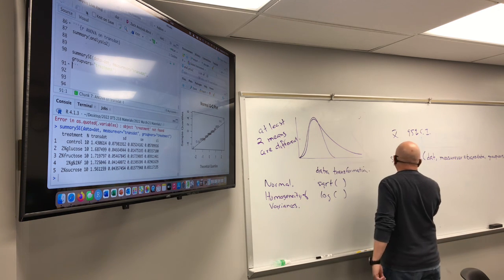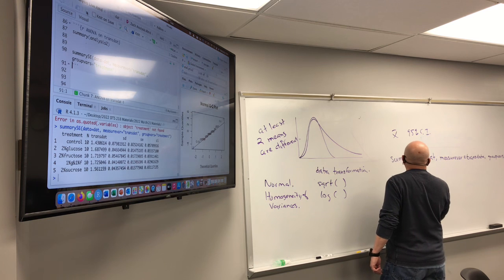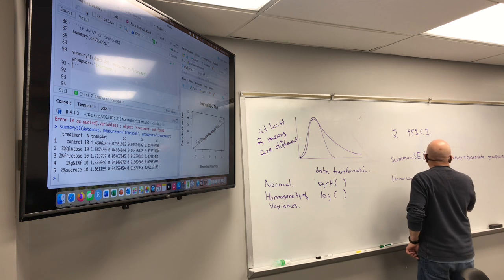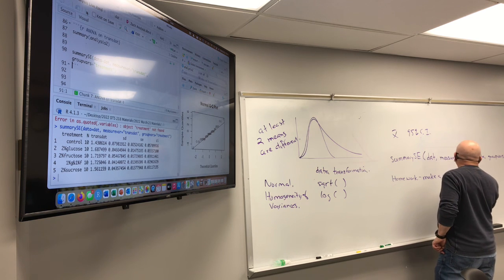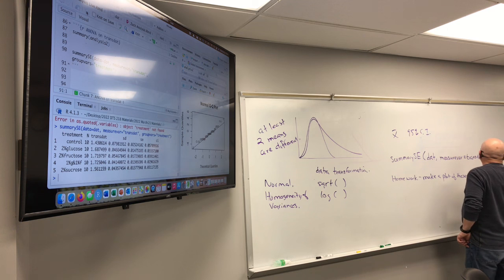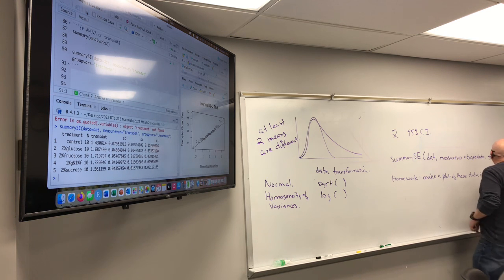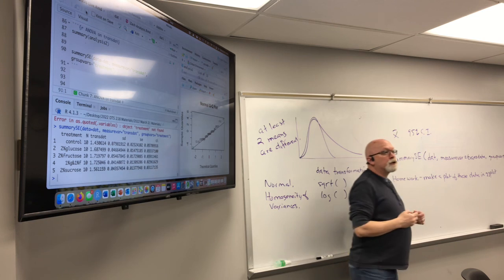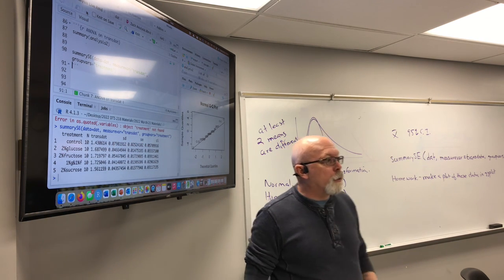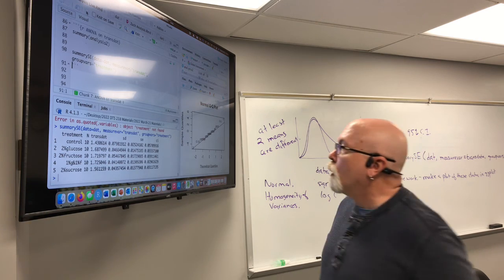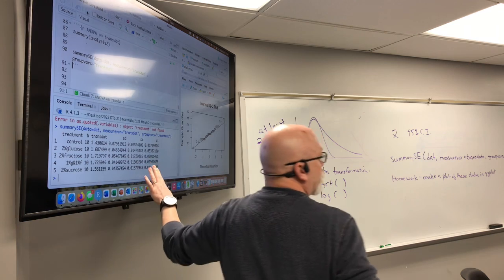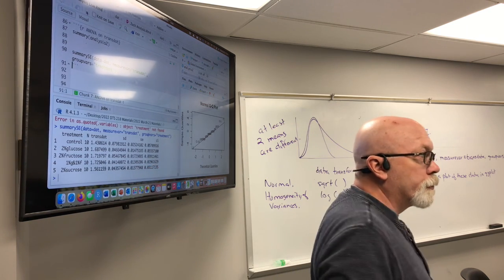Homework for Friday. Make a plot of these data in ggplot2. So this table gives you everything that you need to know to make a plot in ggplot2 because it gives you your treatments, your average values, and your 95% confidence intervals.